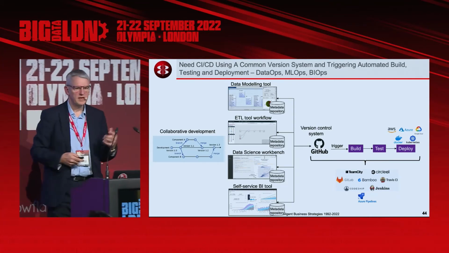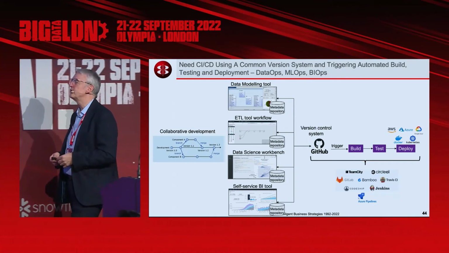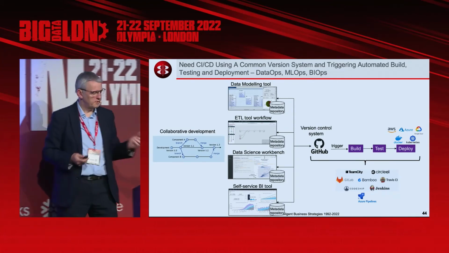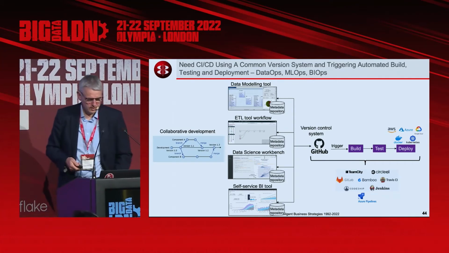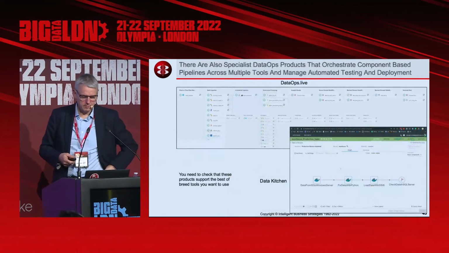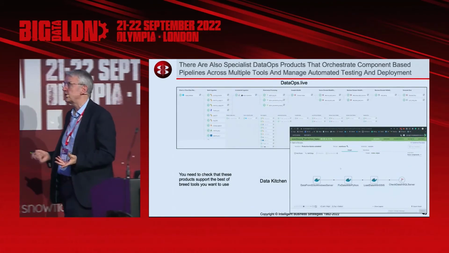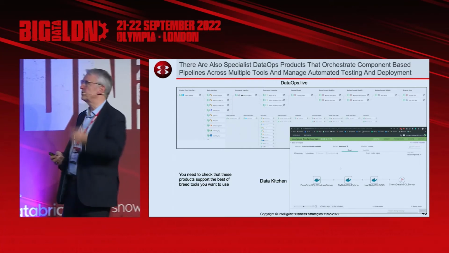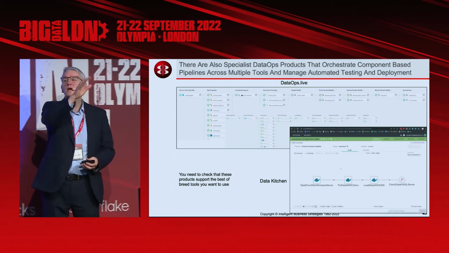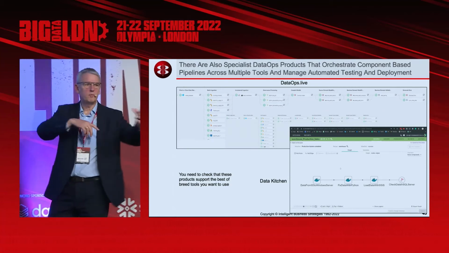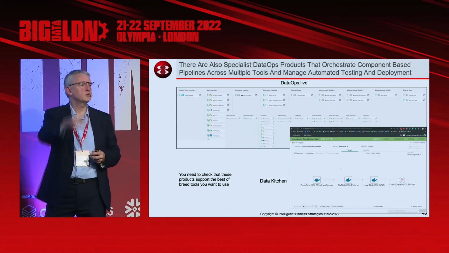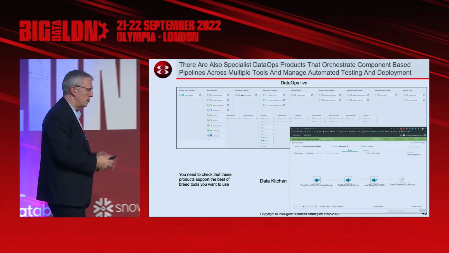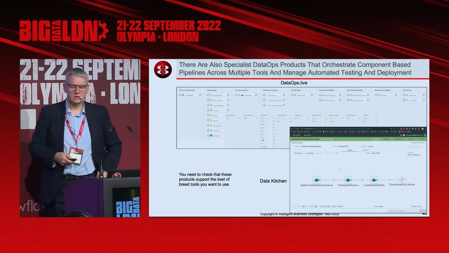To take, I think Karthik referred to it as responsible, I can't remember what he called it, as responsible capabilities. But if you are using best of breed, there are also tools on the floor, one of them DataOps, for example, that can orchestrate pipelines with components built in multiple tools so that you can quickly build the data products that you're looking for.